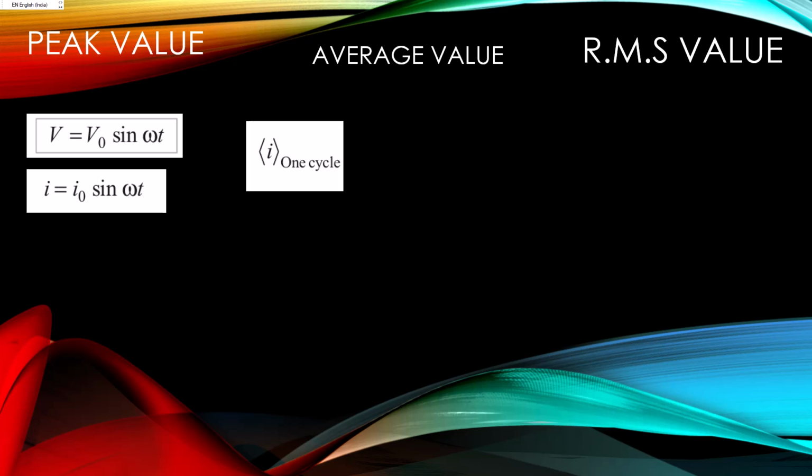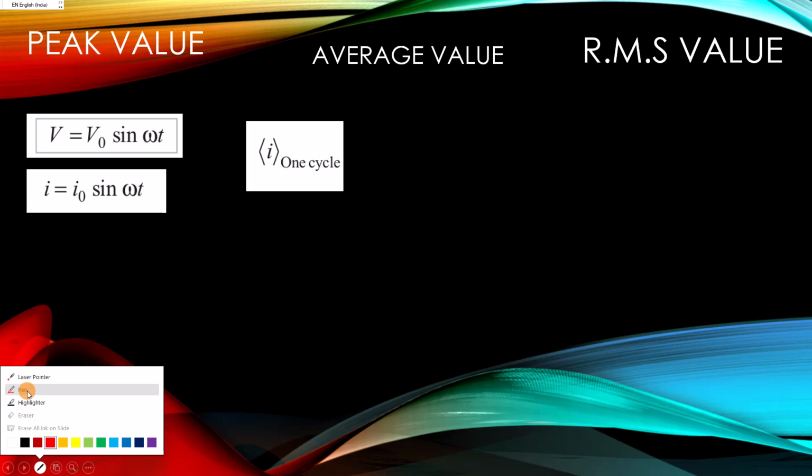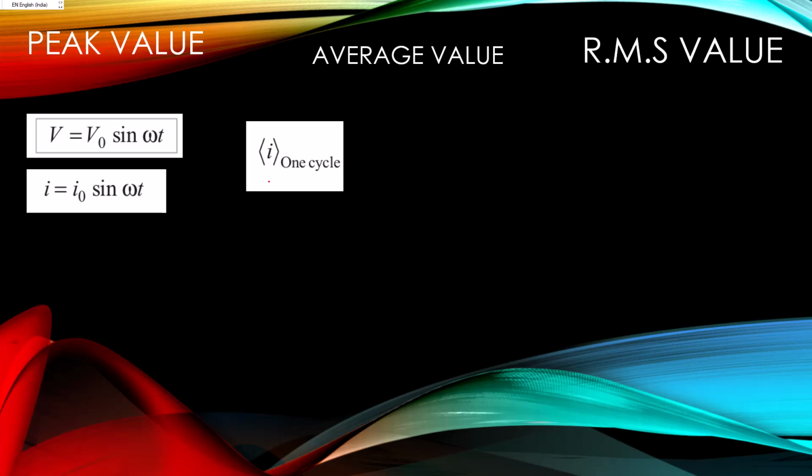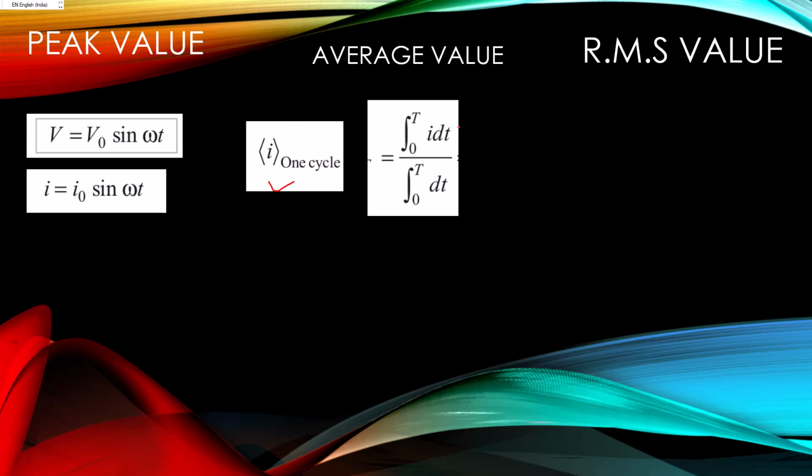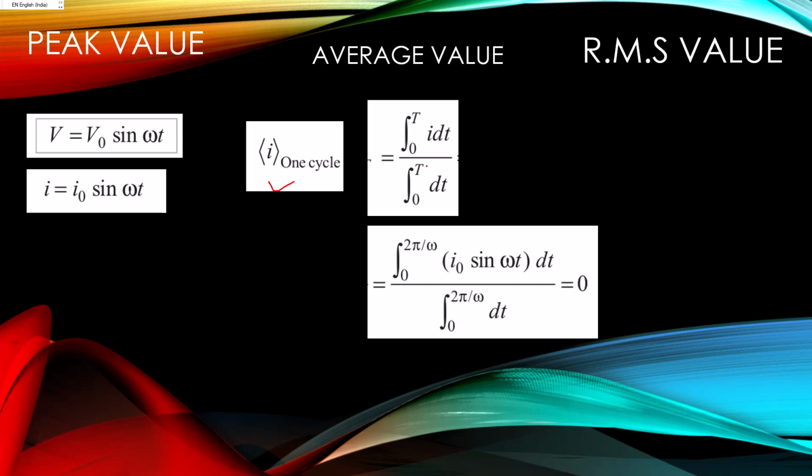The average value of current over one cycle is the integral of I dt from 0 to T divided by the integral of dt from 0 to T. We place I as I0 sin omega t.